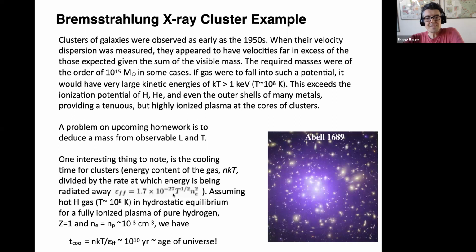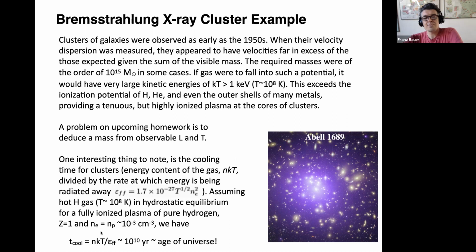And so assuming that we have a hot gas here, in hydrostatic equilibrium, fully ionized plasma, so Z equals 1, and these two are equivalent and roughly equal to 10 to the minus 3, we can estimate a cooling time. And that's simply that: the energy content of the cluster is related to the number of particles times each particle's energy, kT, right?